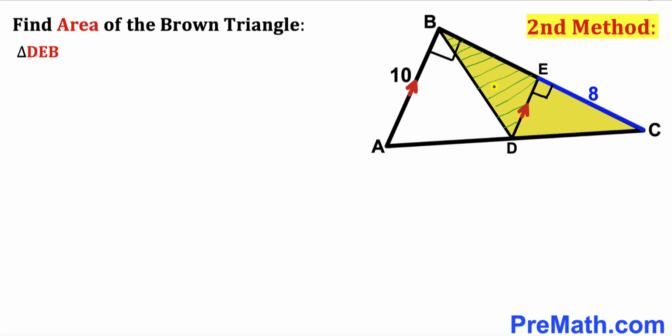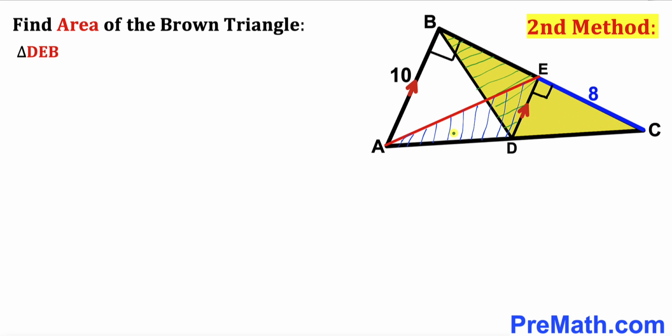And now we are going to consider this triangle DEB, whose base is DE and whose height is BE. In this next step, I have connected this point A with this point E. As a result, we got another triangle AED. We can see its base is DE, the same as of this other triangle.